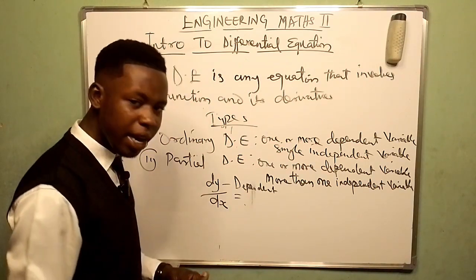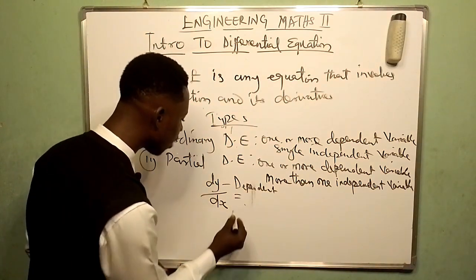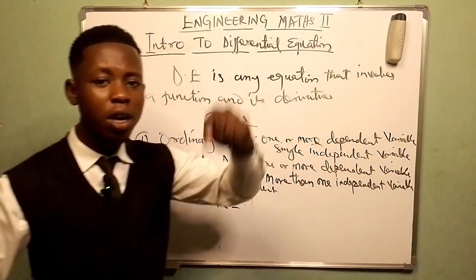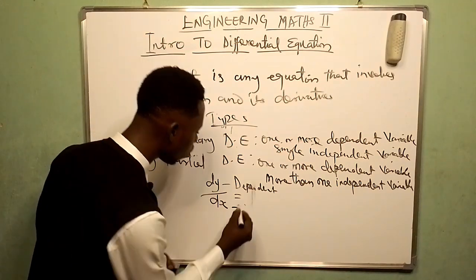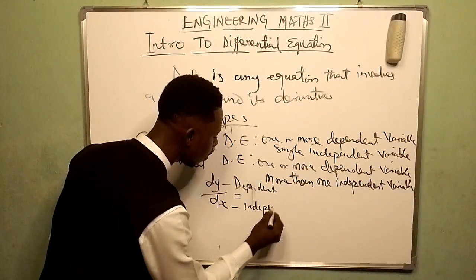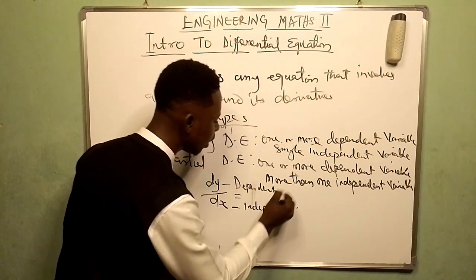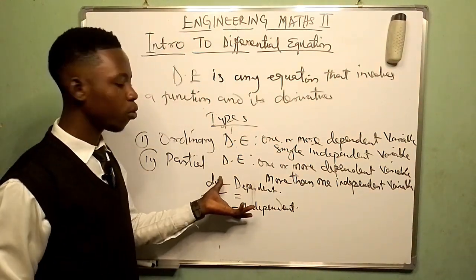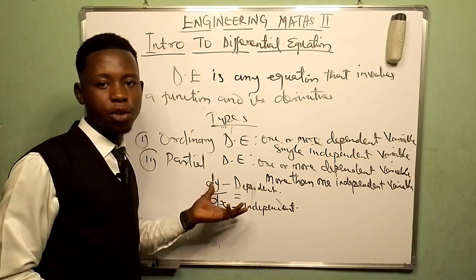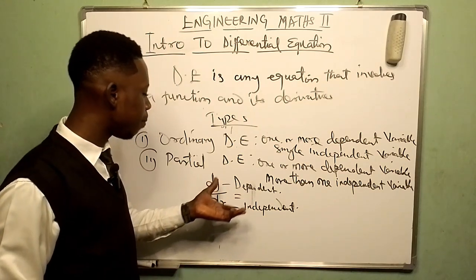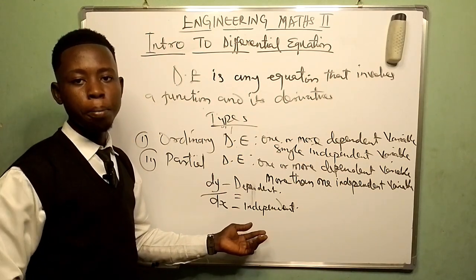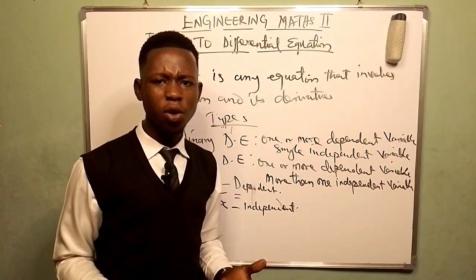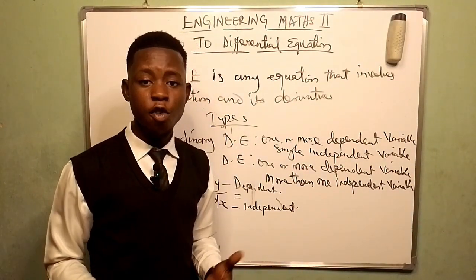And then any variable that you see on the denominator, no matter the kind of differential equation that you are solving, so far as that variable is on the denominator, it is called an independent variable. Now, I'm sure I've been able to explain what dependent and independent variable mean. But some lecturers may talk of a known function and an unknown function.